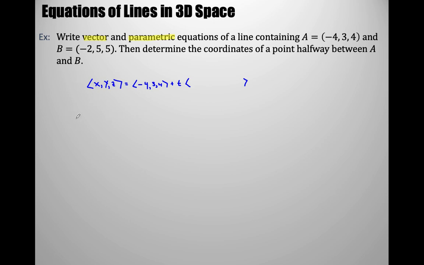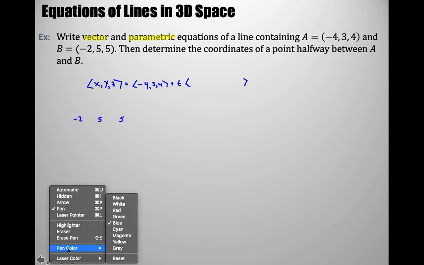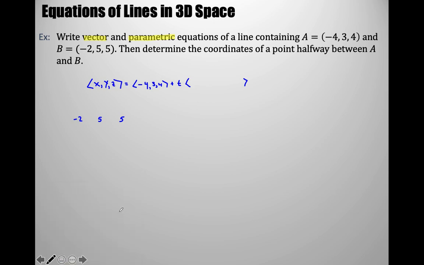So what is that? That is -2, 5, and 5. And you're going to subtract the coordinates of a. So that is minus -4, -3, and -5.